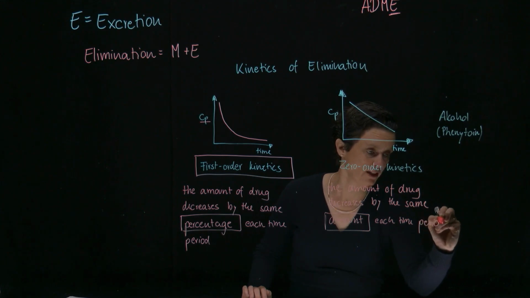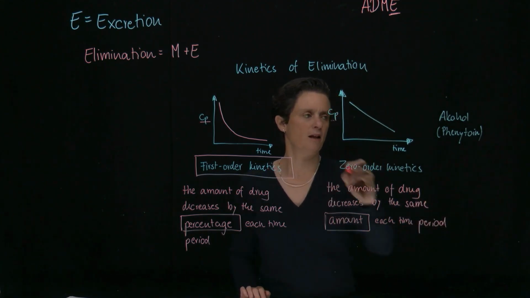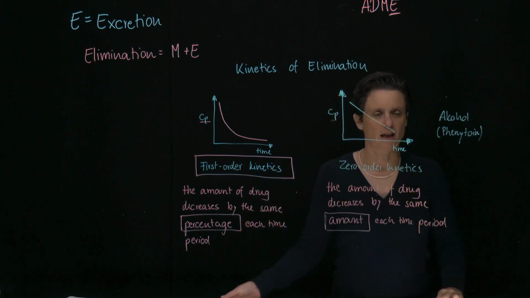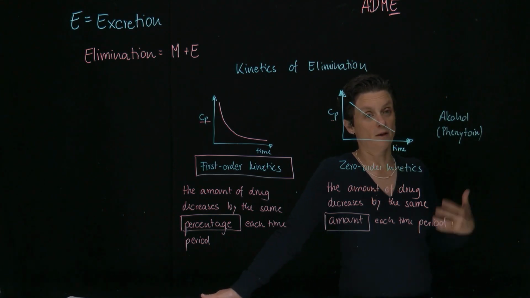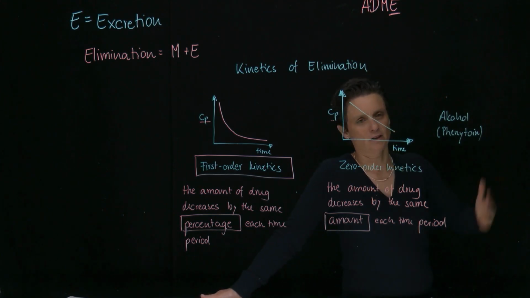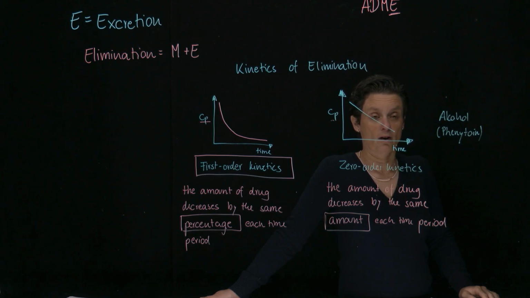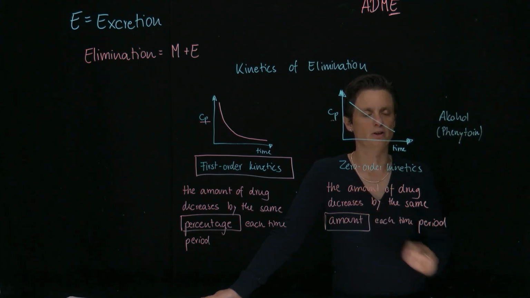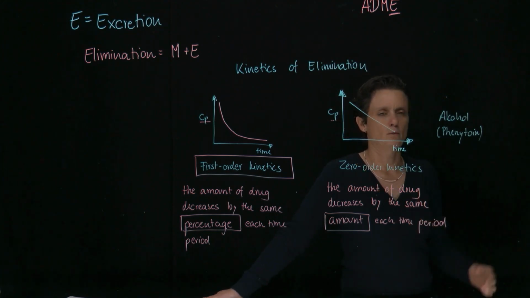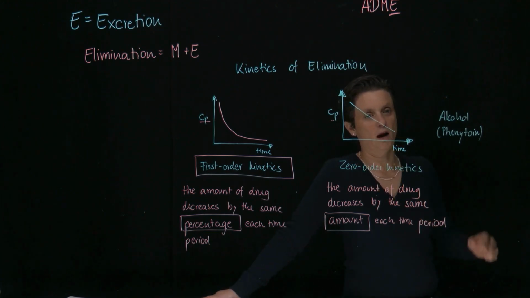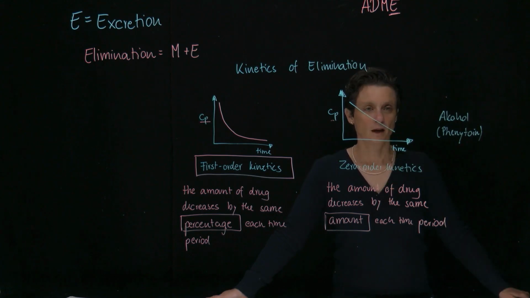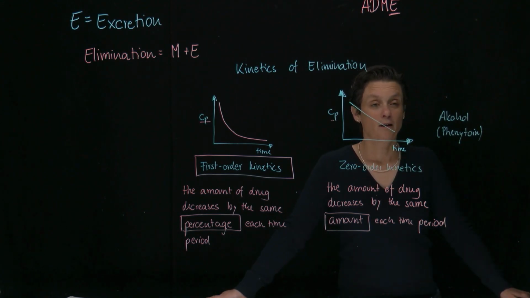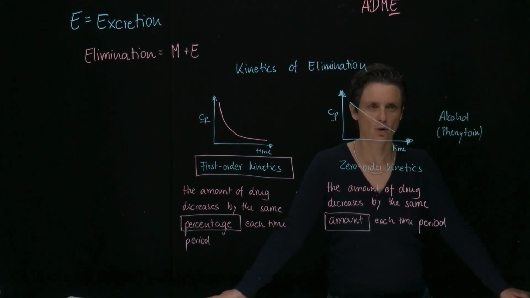So that's not dependent on CP. And it can also happen, remember, well, if you drink a lot of alcohol, it's not like you're going to metabolize more. You're always going to metabolize the same amount each time period. Let's say 1 drink per 2 hours or something like that. That also explains why alcohol builds up so quickly in our body.